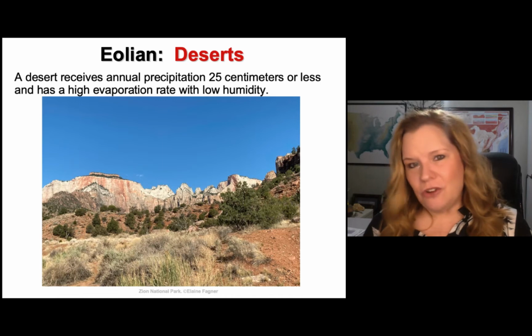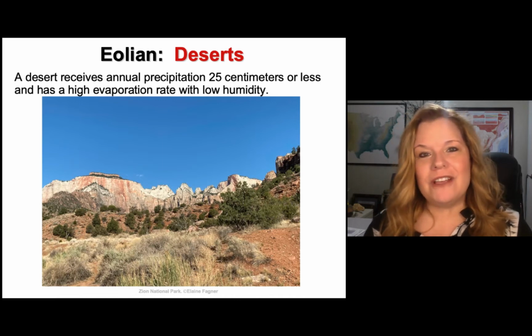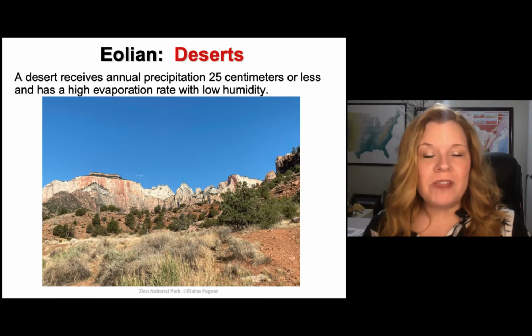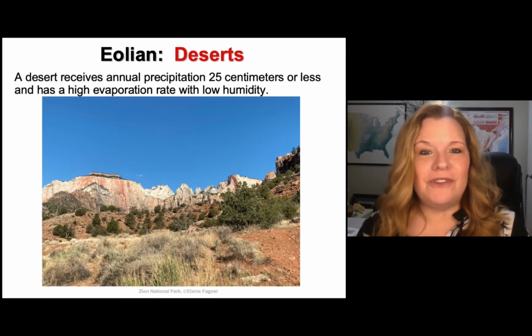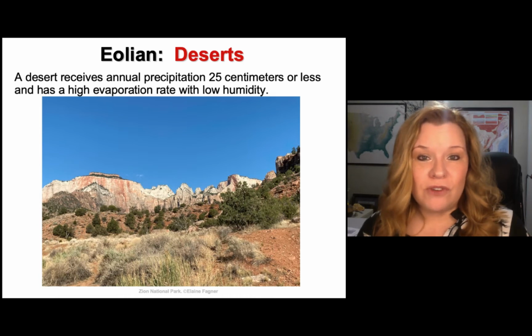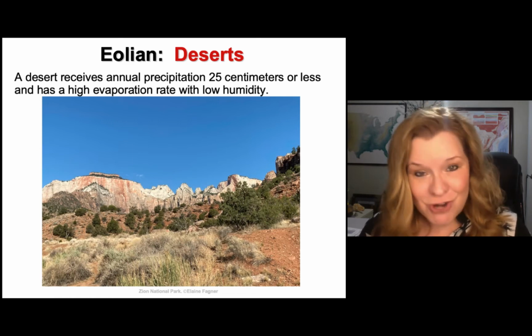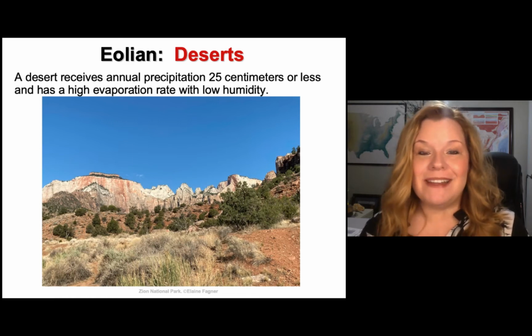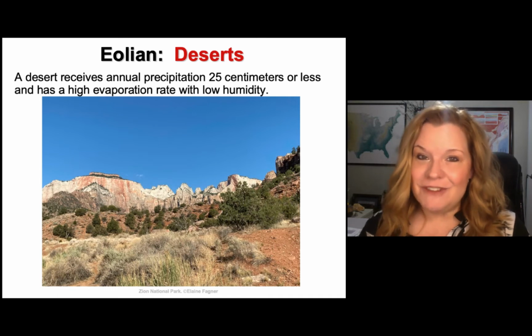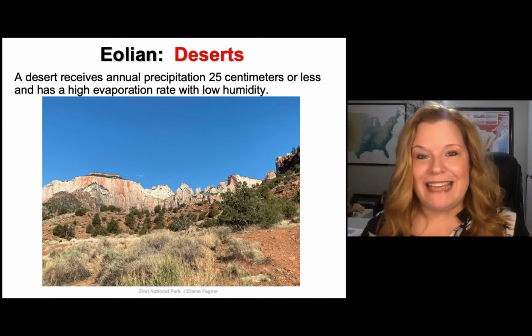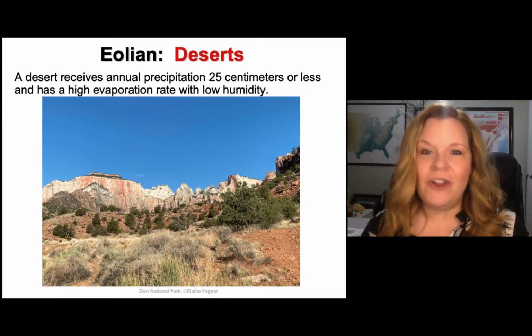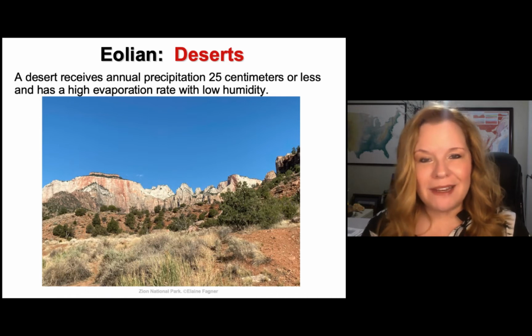Another characteristic about deserts, they are extremely dry in terms of air moisture. If you spend any time in the desert, your skin would lose its natural moisture pretty quick. You'd see that on your hands, on your face, even in your nose. That may make you laugh, but everything changes when you spend about 5 or 6 days in the desert, if you haven't been there, because it's so low humidity.